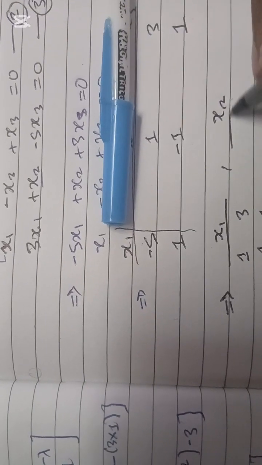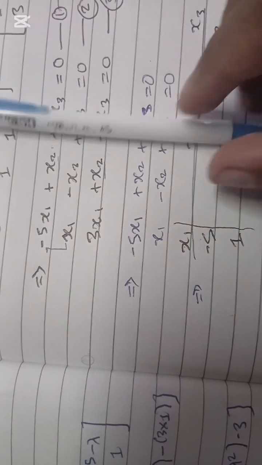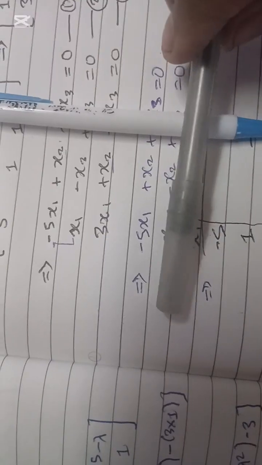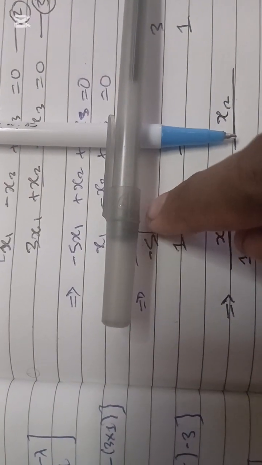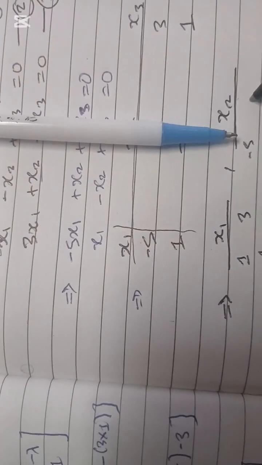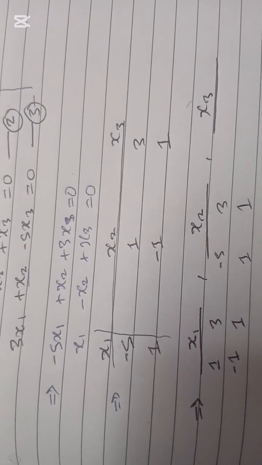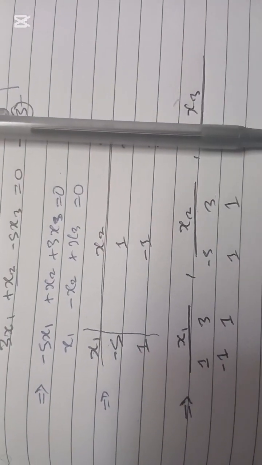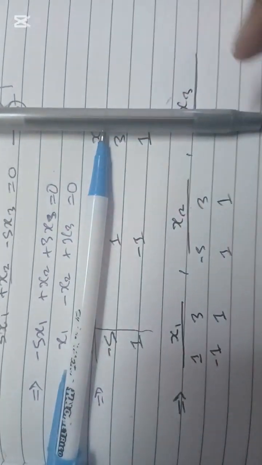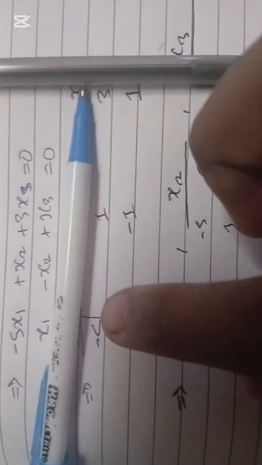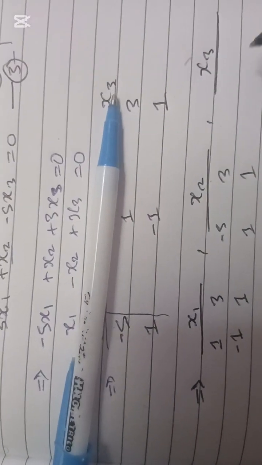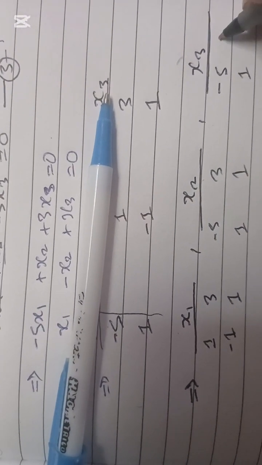For the x2 value, we place this in the middle, x2, and our leftover values are 5, 1, 3, 1. Our x3 value, we place at x3, and our x3 elements are 5, 1, 1, 1, minus 5, 1, 1, 1. So that's it.